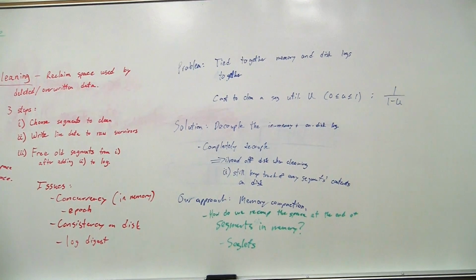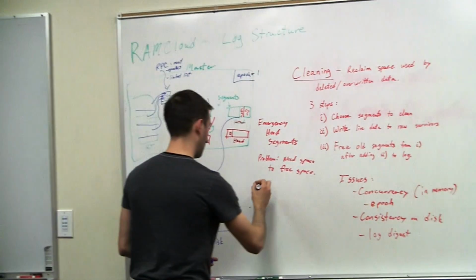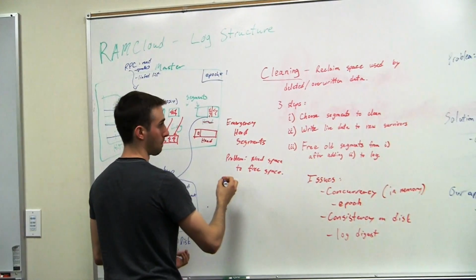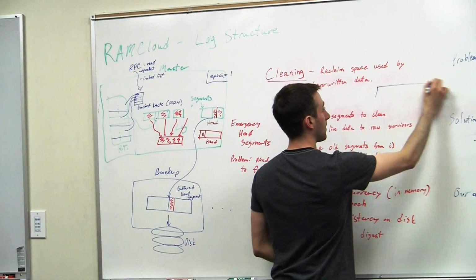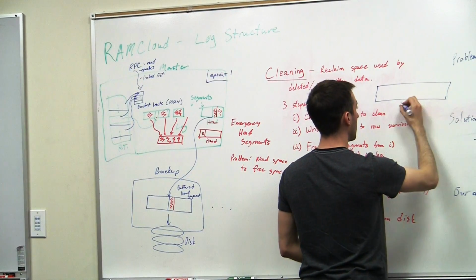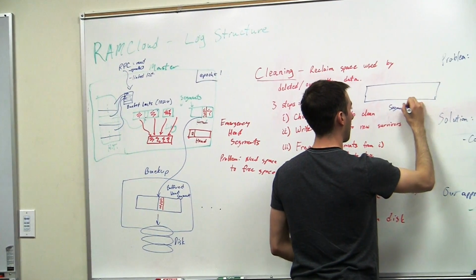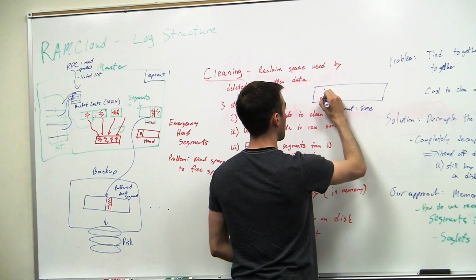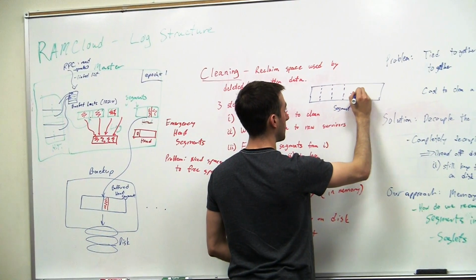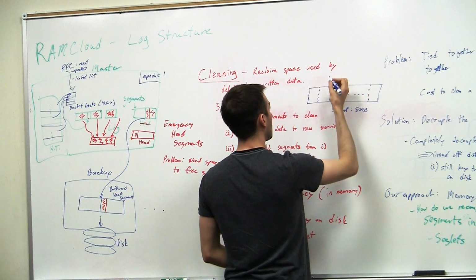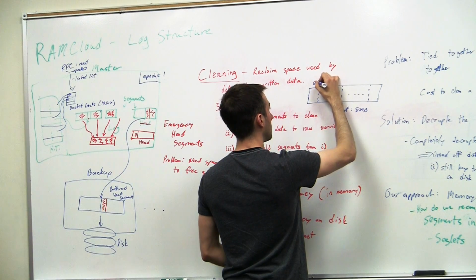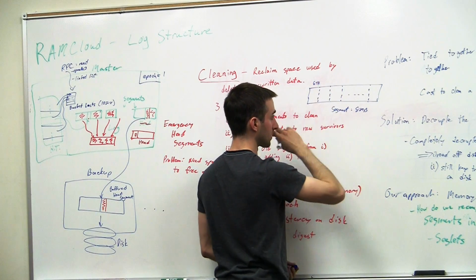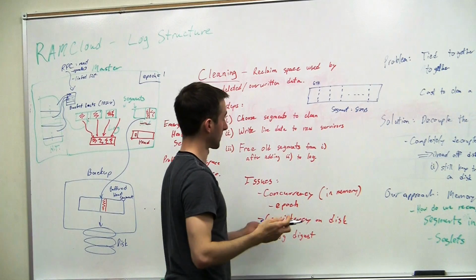Basically, we divide segments up into seglets. If this is a segment in memory, it's normally 8 megabytes. What we do is we chop it up into a bunch of fixed size pieces that we call seglets. Each of these happens to be currently 64 kilobytes in RAMCloud. Why 64 kilobytes?